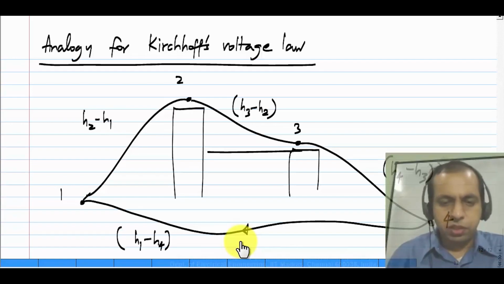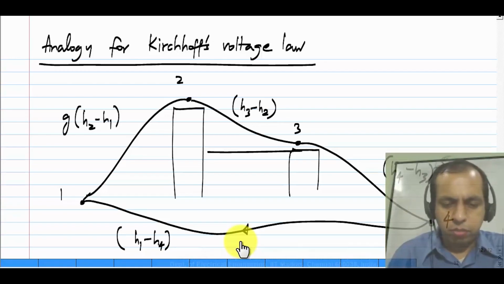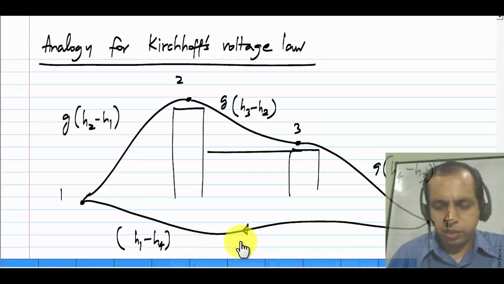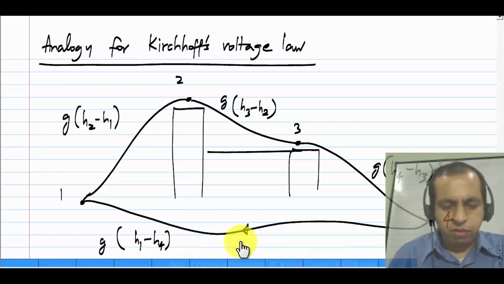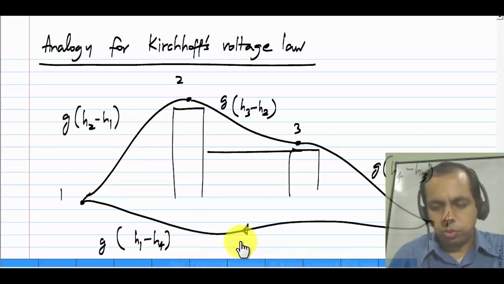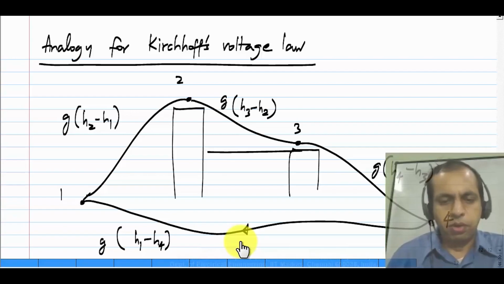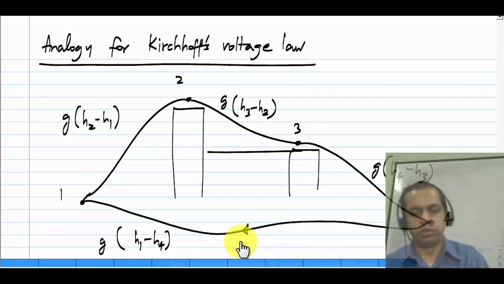So obviously, if you sum these gains in heights, which are basically stand-ins for gain in potentials, if I multiply this by g, I will have potential gain from 1 to 2, 2 to 3, 3 to 4 and 4 to 1. If you sum up all of these things, obviously you will end up with 0. And Kirchhoff's voltage law is directly analogous to this.